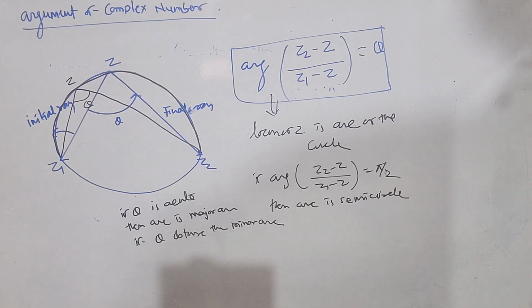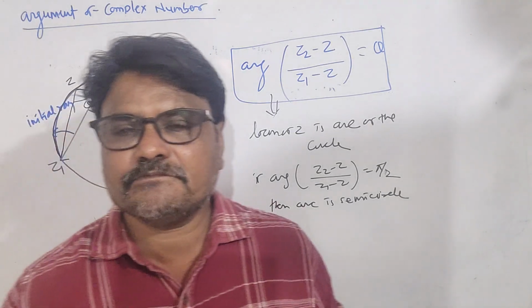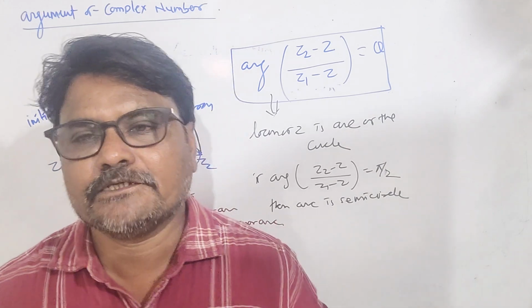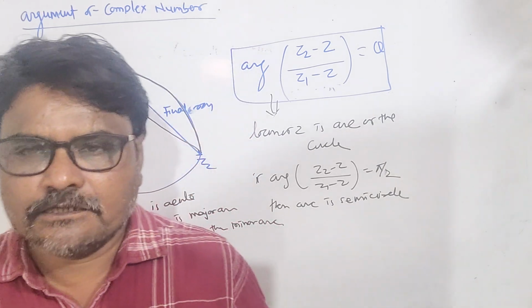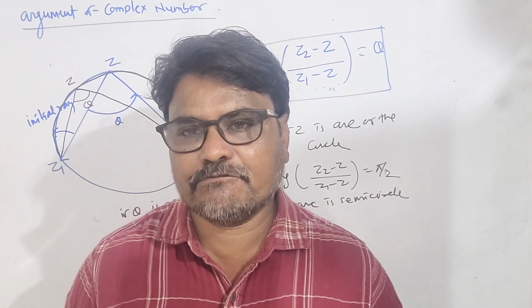So this is again an important locus, but you will not always get these two famous loci from the argument of Z. Some other loci are also there where the argument concept is involved.